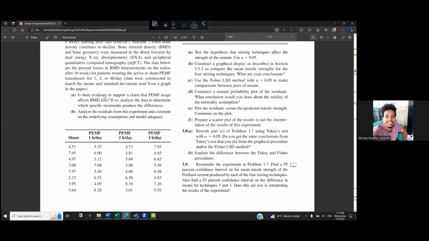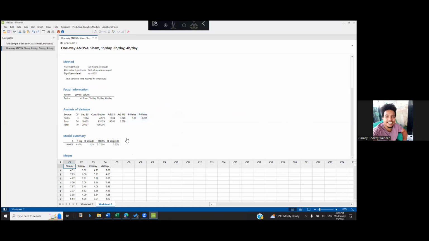Is there evidence to support a claim that PMF usage affects BMD loss? The p-value is 0.281, which is greater than 0.05. So there is no significant difference between the treatments for BMD.